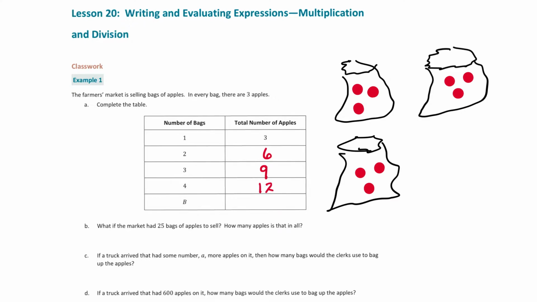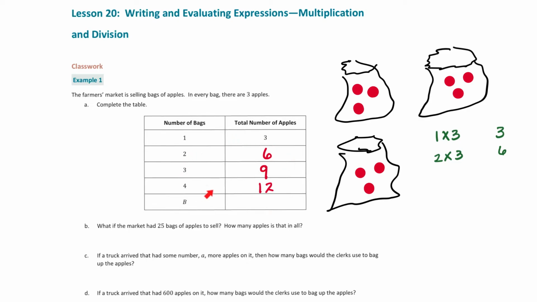Now, it is important that we not only be able to see it in a visual picture, but that we can actually explain it in symbols. So how did we get the apples? Well, for every bag, we're gonna have 3 apples, so we're gonna multiply, right? If I have 2 bags, and then I multiply by 3, that's gonna give me 6 apples. If you notice, the same way that we're using symbols, we are getting the answers here.